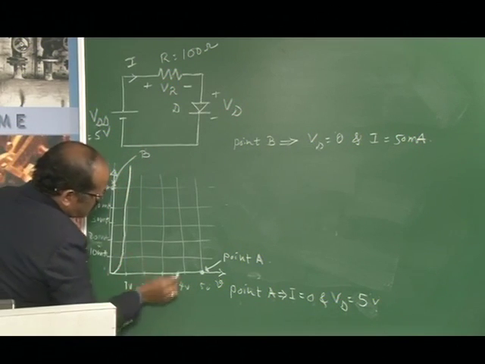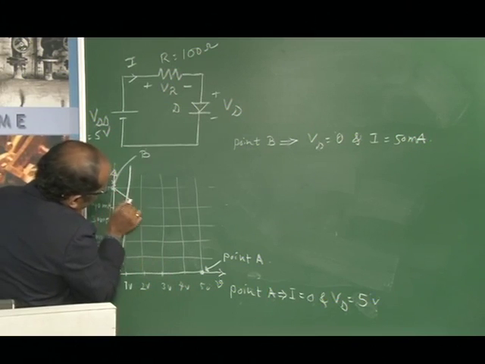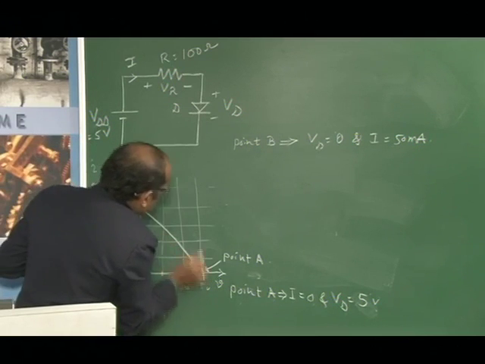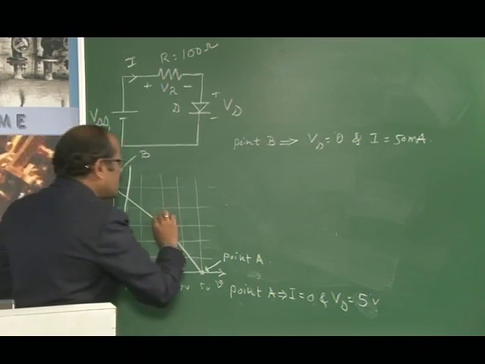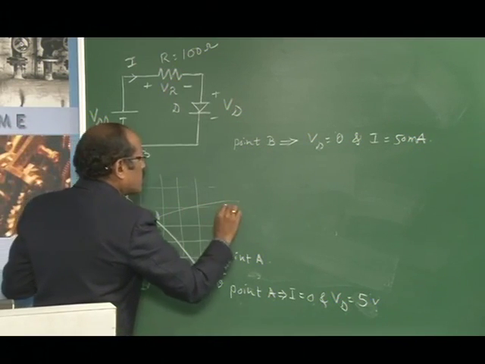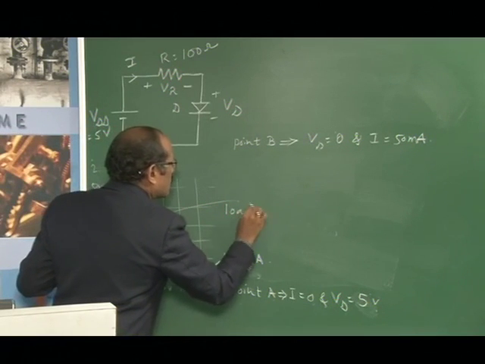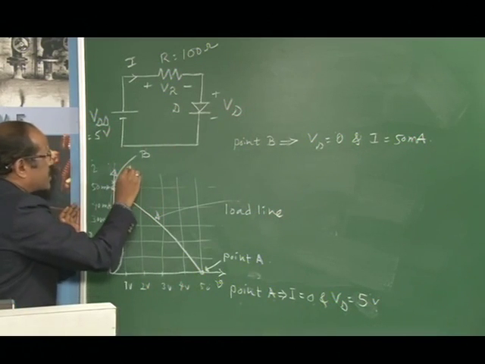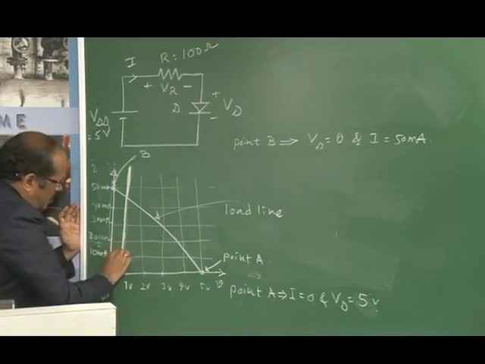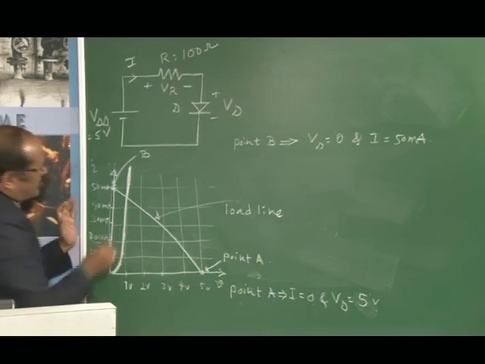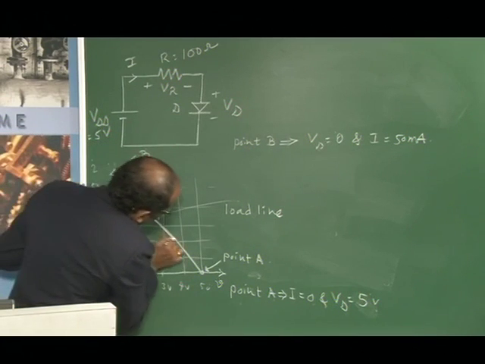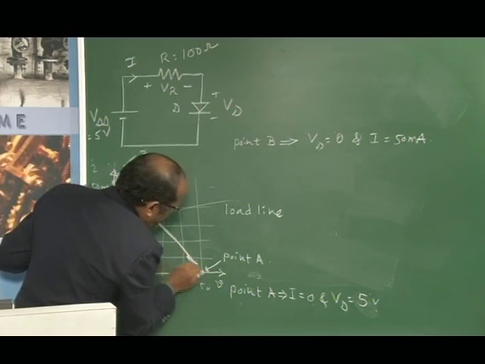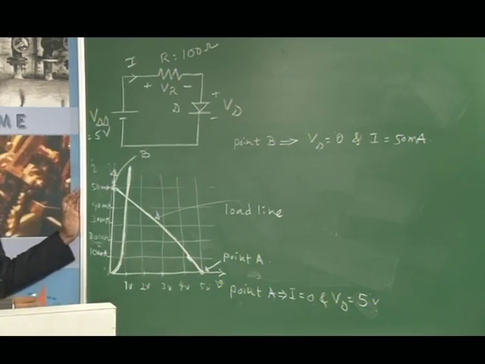If you draw the straight line, this is the DC load line, or you can call it the load line. This will be the VI characteristics of the semiconductor diode, whereas the straight line I have drawn represents the load line.